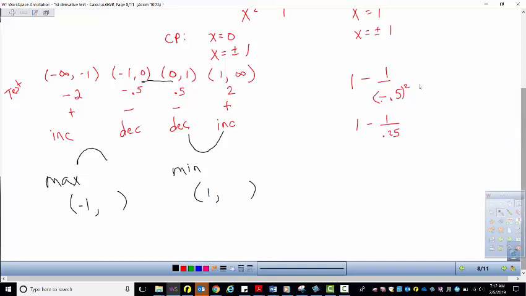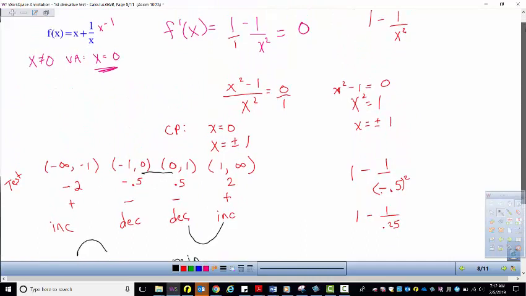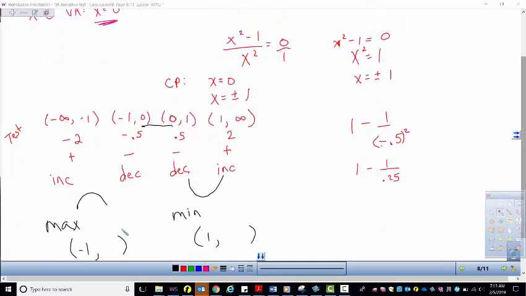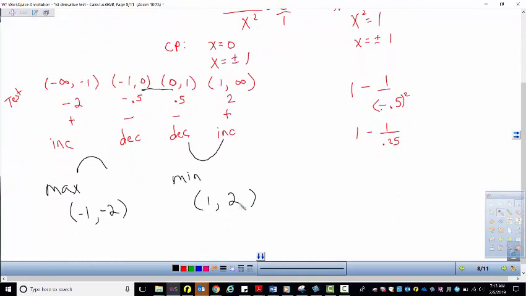And then if I look at my original function to find my y values, it's right there. So if I put negative 1 in, I get negative 1 plus 1 divided by negative 1. So that'd be negative 2. If I put positive 1 in, I get 1 plus 1, so it'd be positive 2.